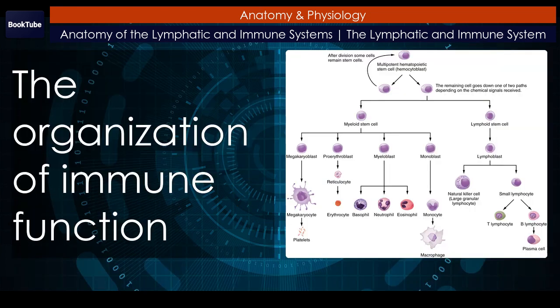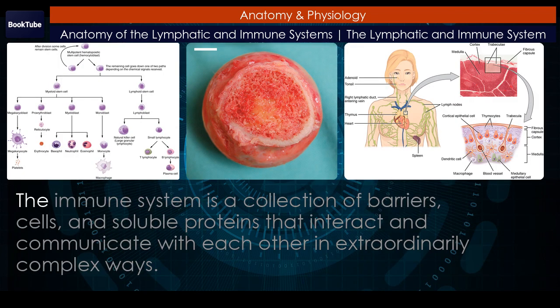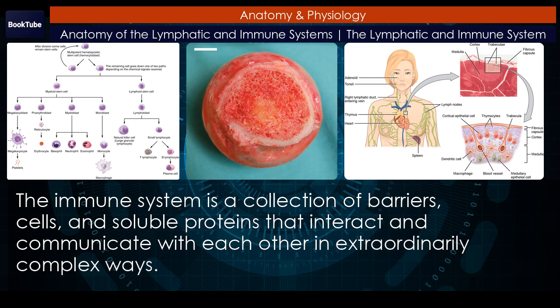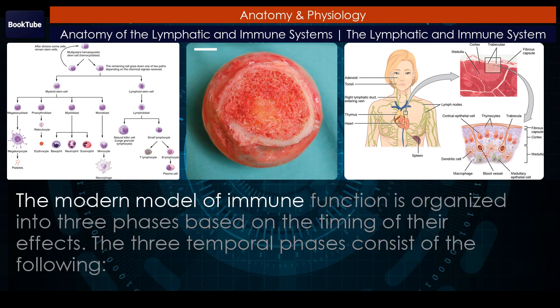The organization of immune function. The immune system is a collection of barriers, cells, and soluble proteins that interact and communicate with each other in extraordinarily complex ways. The modern model of immune function is organized into three phases based on the timing of their effects.